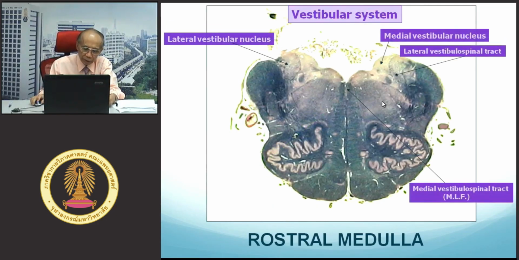The vestibular system includes the medial vestibular nucleus and lateral vestibular nucleus. Also, the medial vestibulospinal tract or MLF.